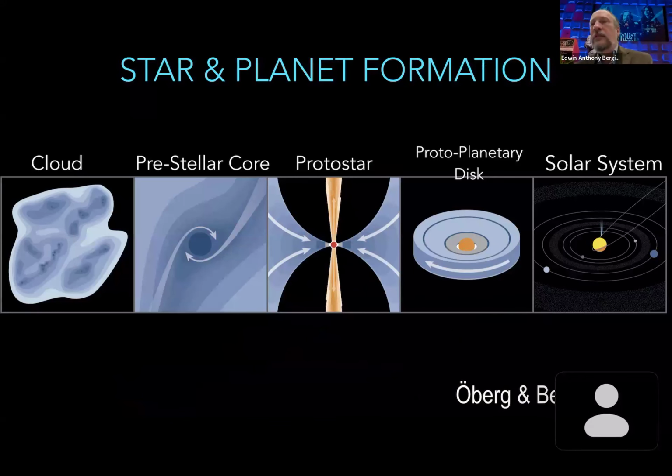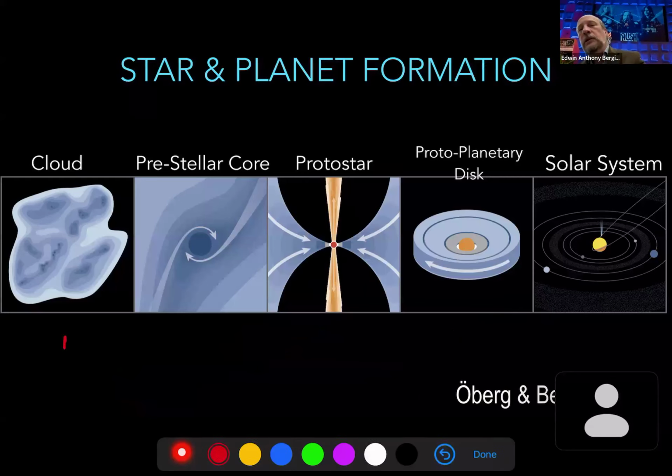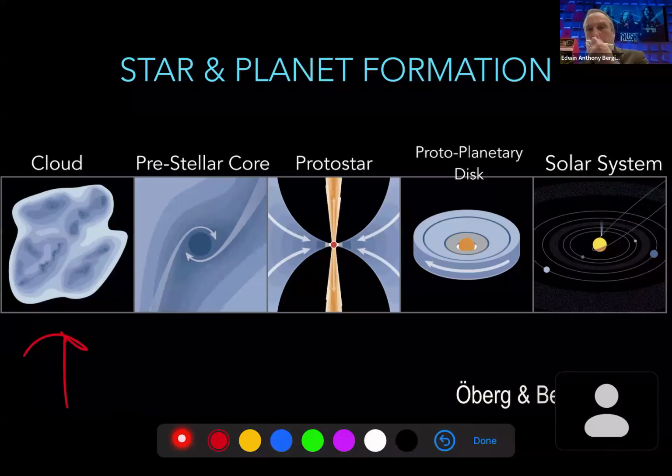So this is the process of star and planet formation. I start out here. I have a cloud of material, and the cloud has some sort of filamentary structure that's related to the formation mechanism of the cloud itself. And inside the filaments, regions become overdense and begin to collapse under the weight of their own gravity, or perhaps are pushed.